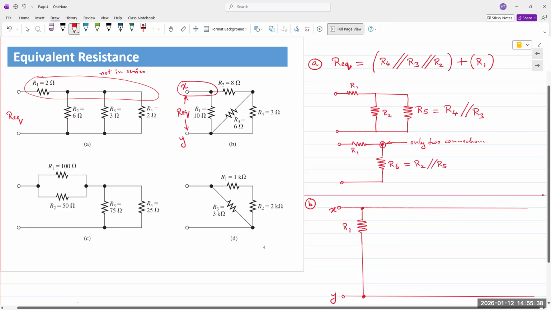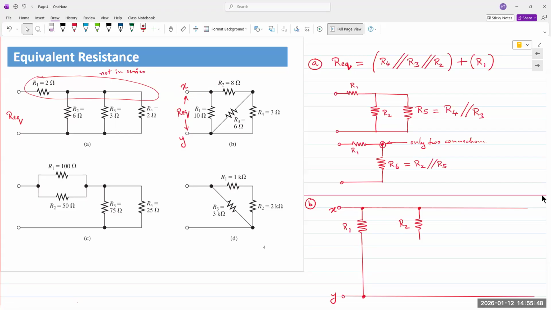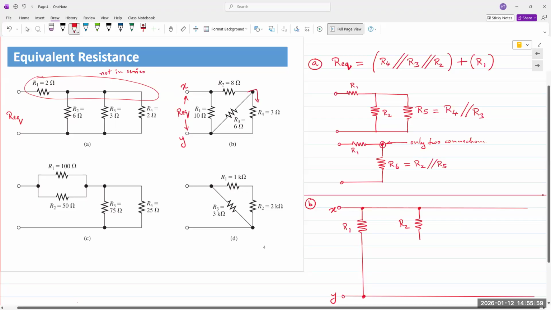R2. So some distance away, I'm going to draw R2. Now, does R2 go to terminal Y? No. So we go to the other end of R2 and then look.